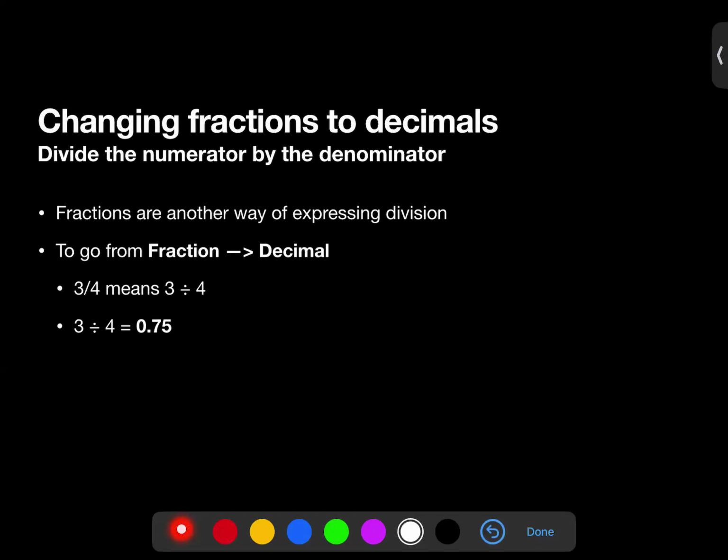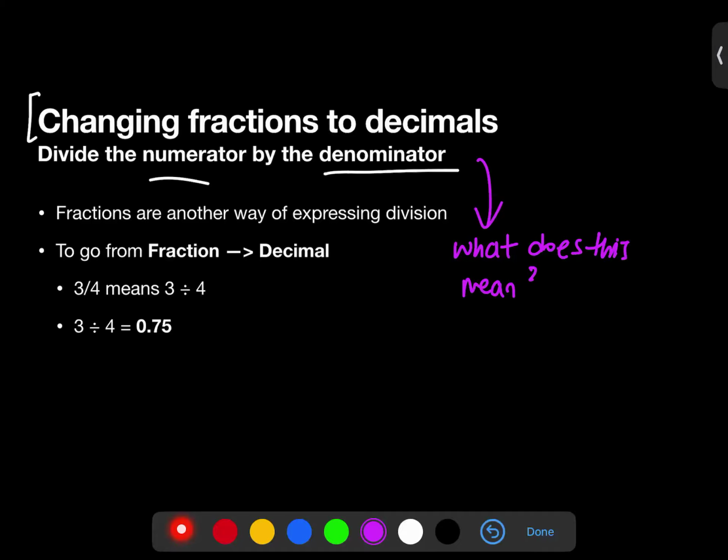Essentially, the way that we do this transformation is we divide the numerator by the denominator. What does this mean?